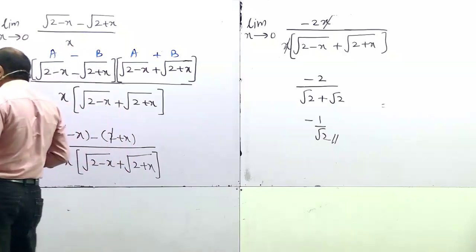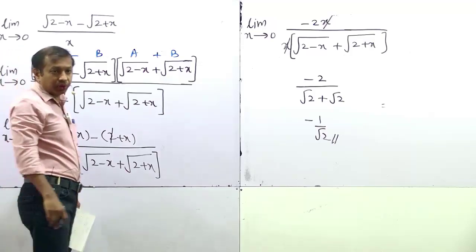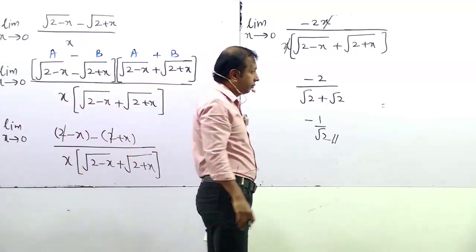Right. People, in the same way, you can do this as homework. Number 2: what is the method there? Multiply numerator and denominator both by the conjugate of the denominator, no? By the conjugate of the denominator. Right.